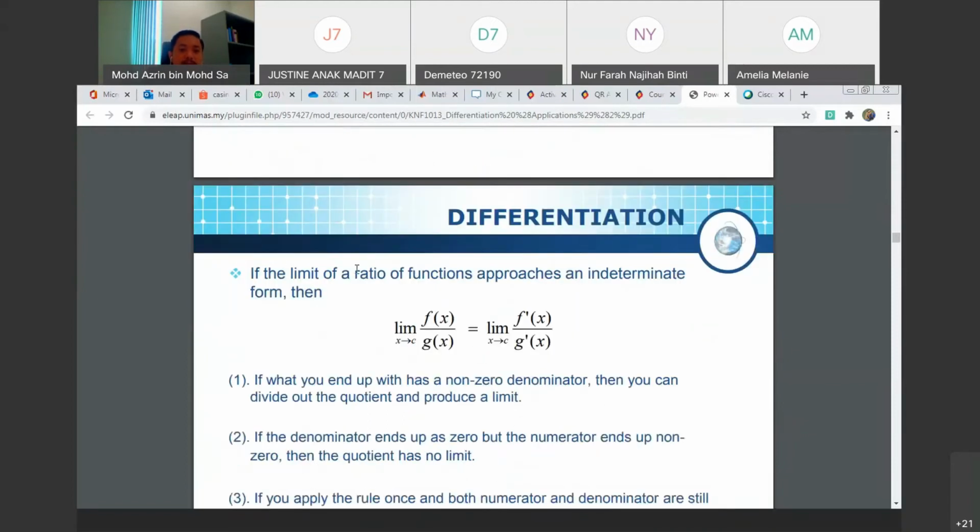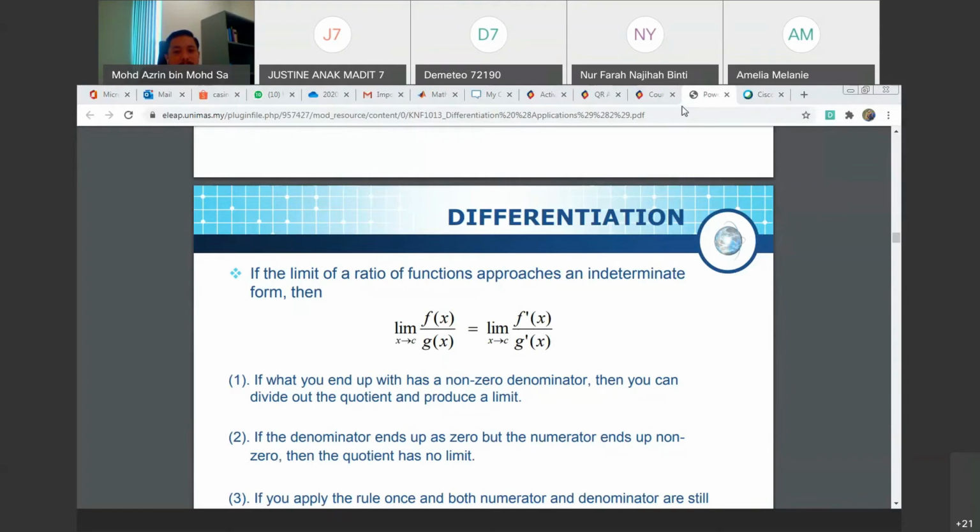So the limit of a ratio of a function approach an indeterminate form. So let's say limit f(x) over g(x) where x approach c. So it can be written in differentiation form with limit f prime x over g prime x, x approaching c. So this is in the form of differentiation part.